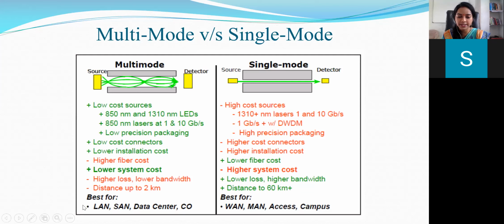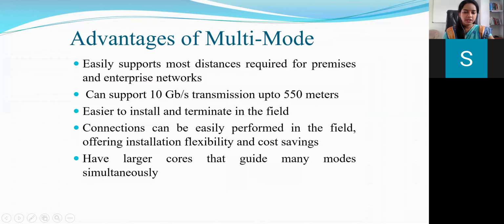Here are some examples of multimode and single mode optical fiber. Since the distance is limited, we use multimode for LAN, SAN, data centers, or any types of computer organization. For single mode, it is best suited for metro areas or campus designing. Advantages of multimode optical fiber: there are many advantages.